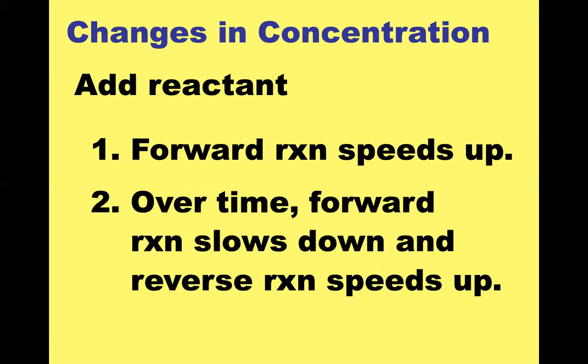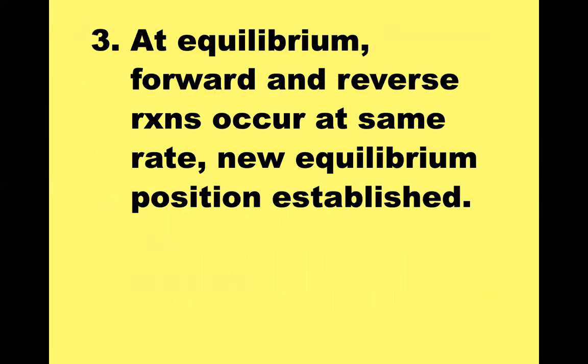Over time, though, the forward reaction rate slows down and the reverse reaction rate speeds up. So once again, the system will regain its balance. We'll regain an equilibrium amount. At equilibrium, the forward and the reverse reactions occur at the same rate. So a new equilibrium position is established.